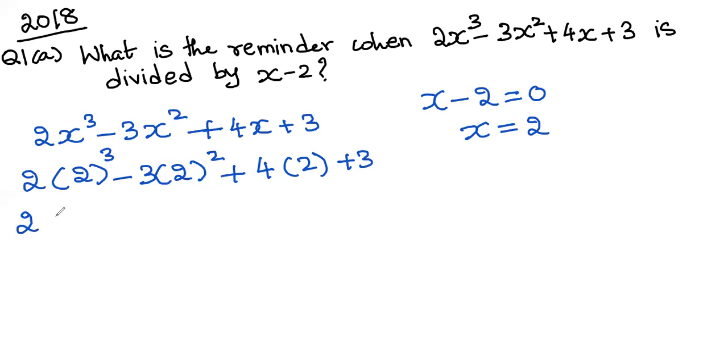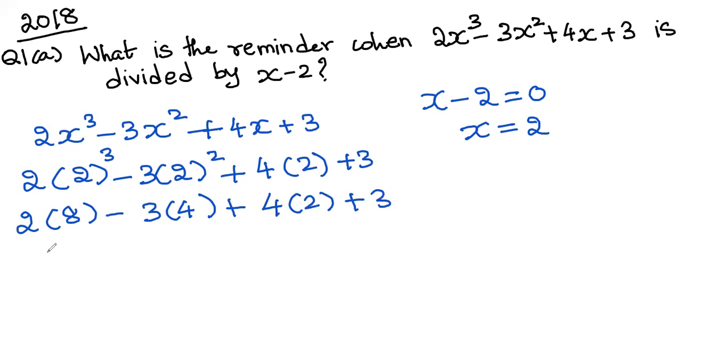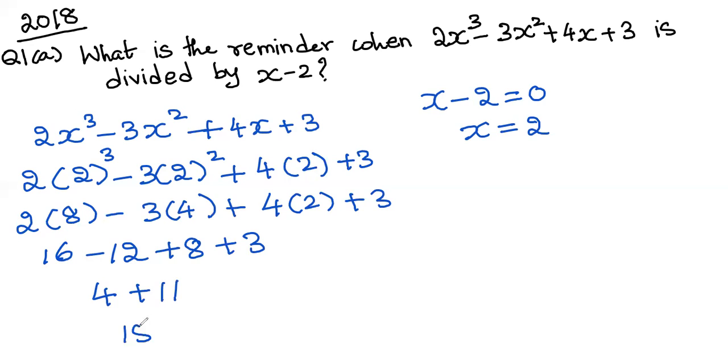So this is going to be 2 times 2 cubed is 8, minus 3 times 2 squared is 4, plus 4 times 2, plus 3. So this is 16 minus 12 plus 8 plus 3. 16 minus 12 is 4, 8 plus 3 is 11. So therefore, the answer is 15.